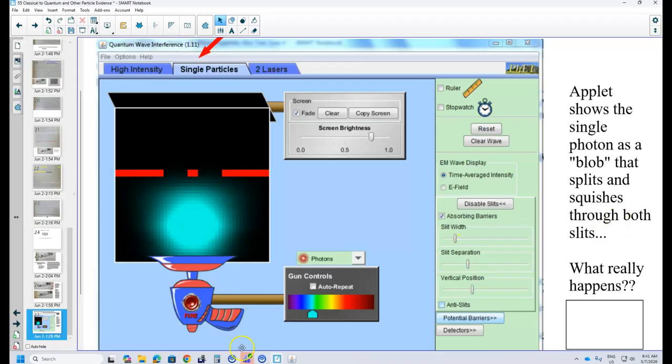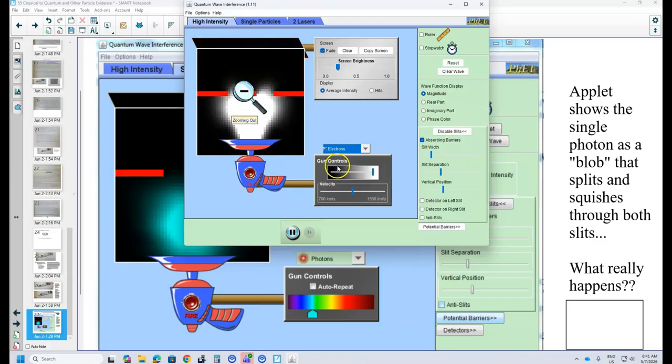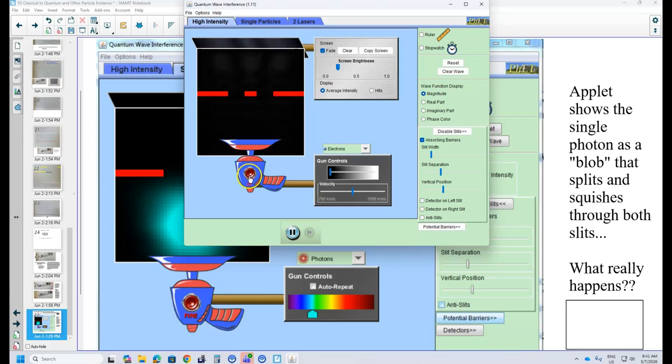So this applet here, if we go back to it, we can switch to electrons and fire electrons in one by one. Let me pause for a sec, see if I can remember how to do this.